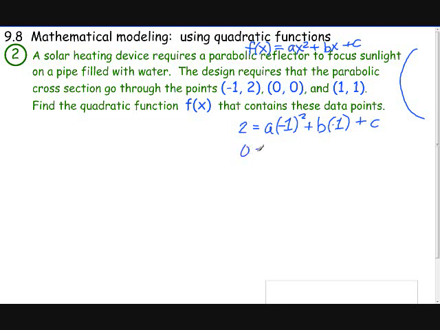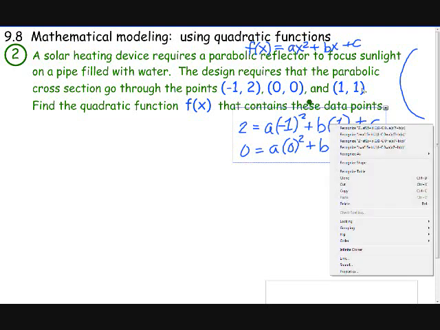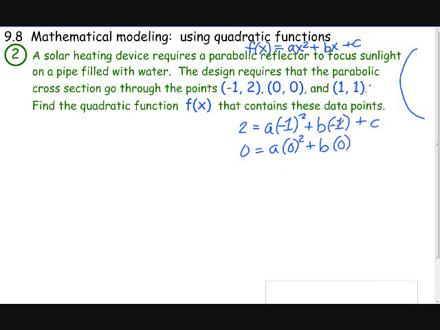So I'm going to say a times 0 squared, and you're probably wondering why I even bother doing this, because we know where we're headed with it, right? 0 squared. Yeah, I'm just going to do it anyway. You might forget that that's a negative. And my third point, the value of this function we're looking for is 1 when x is 1. So this is 1.